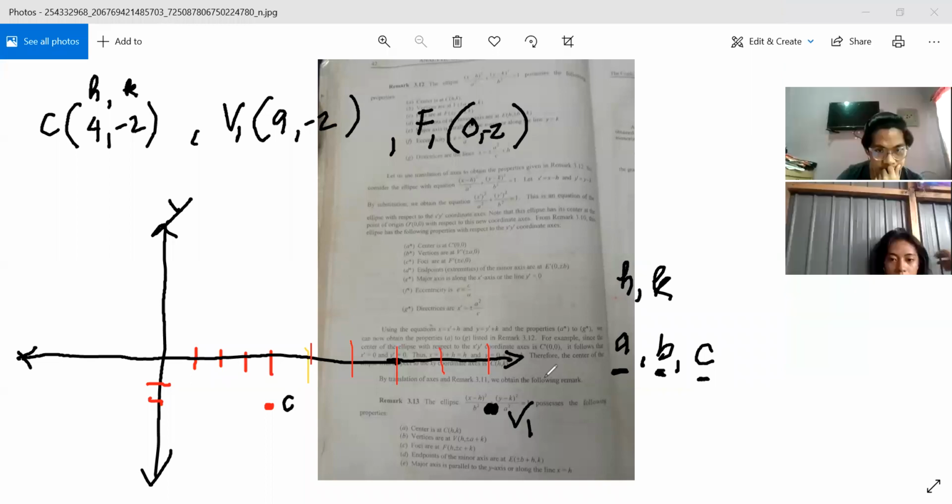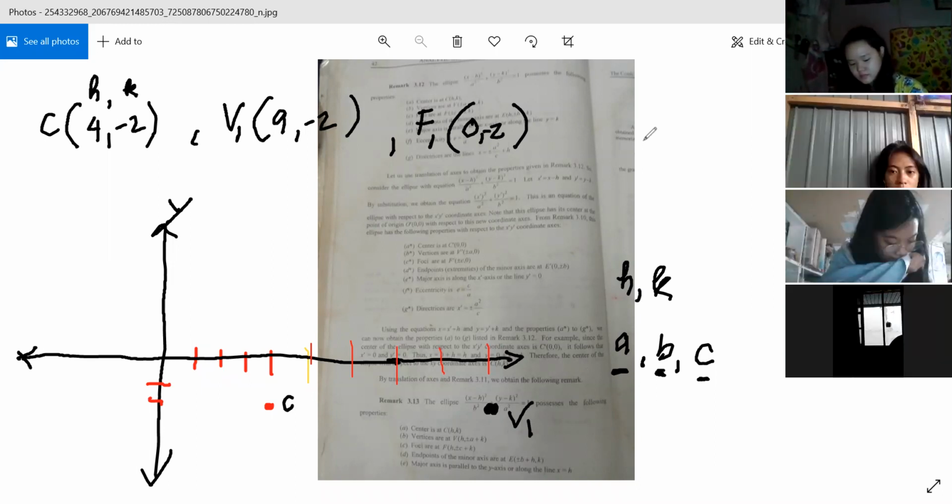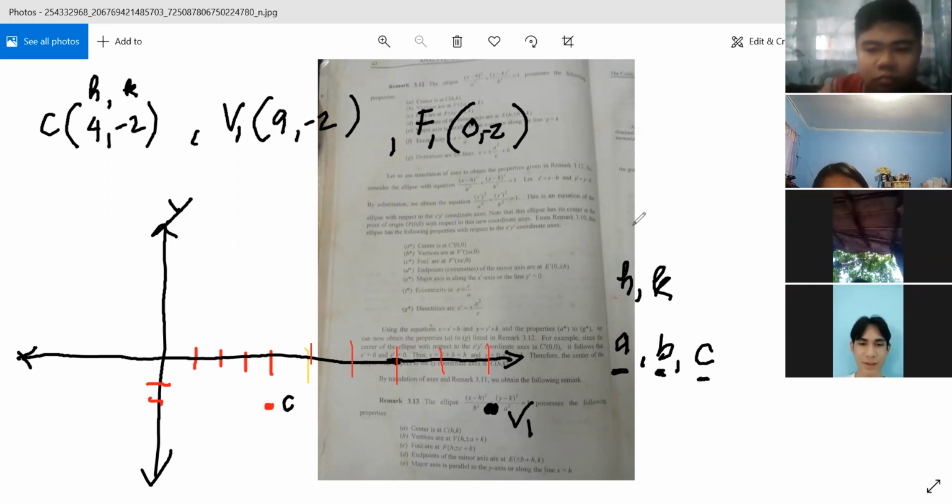How about the focus 1? Amin, can you plot the focus 1? The focus 1. Sir, 9 is equal to this. Okay, Amin? I-plot ng graph.